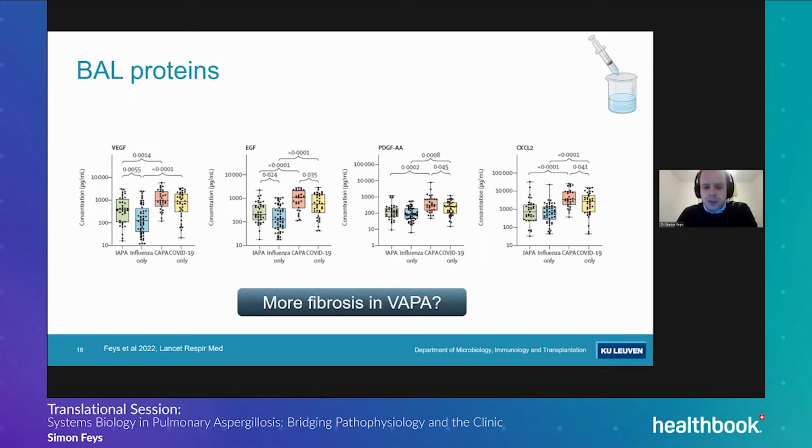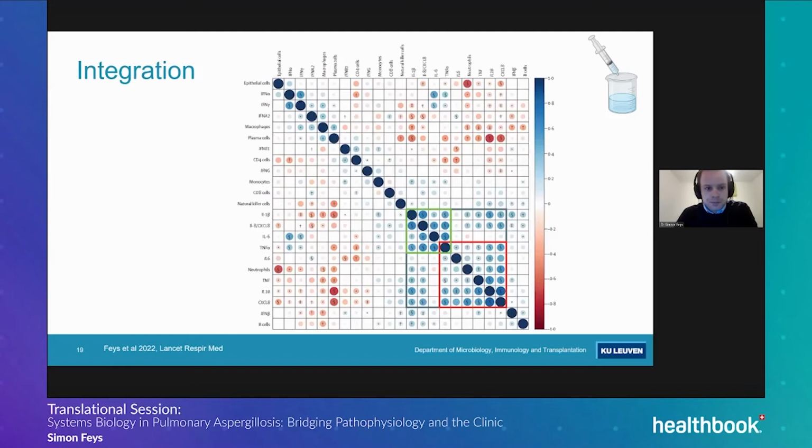So the fact that these are higher in aspergillosis patients may potentially contribute to their higher mortality, even despite adequate antifungal therapy. This is definitely something we should look into in the future.